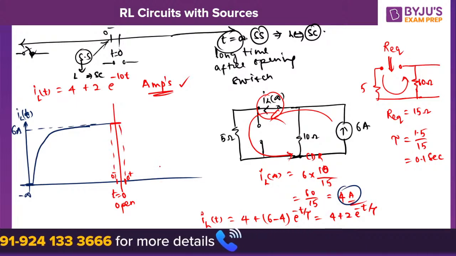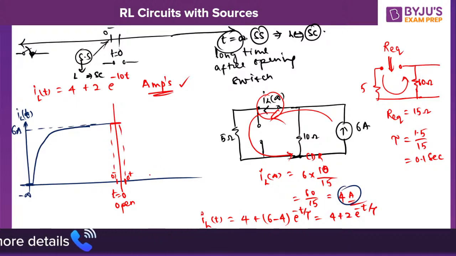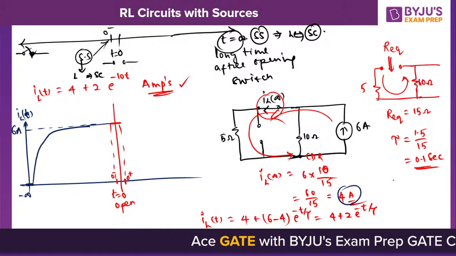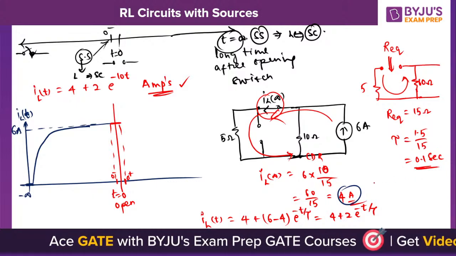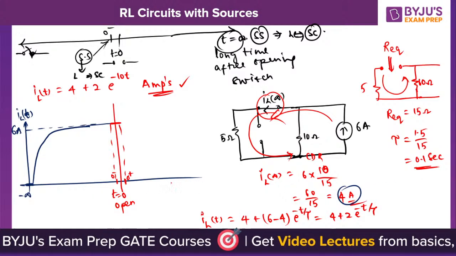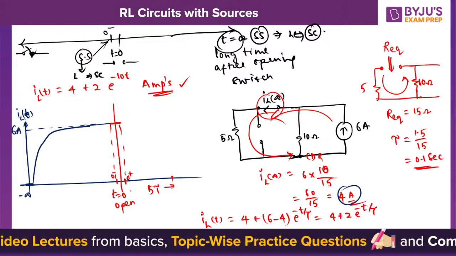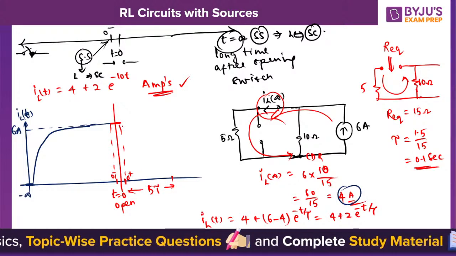Now after some time constants, for t greater than 0, what is the time constant? 0.1. So 5 time constants will be 0.1 into 5, so 0.5. Within 0.5 seconds, 5 time constants, it will reach the final value.